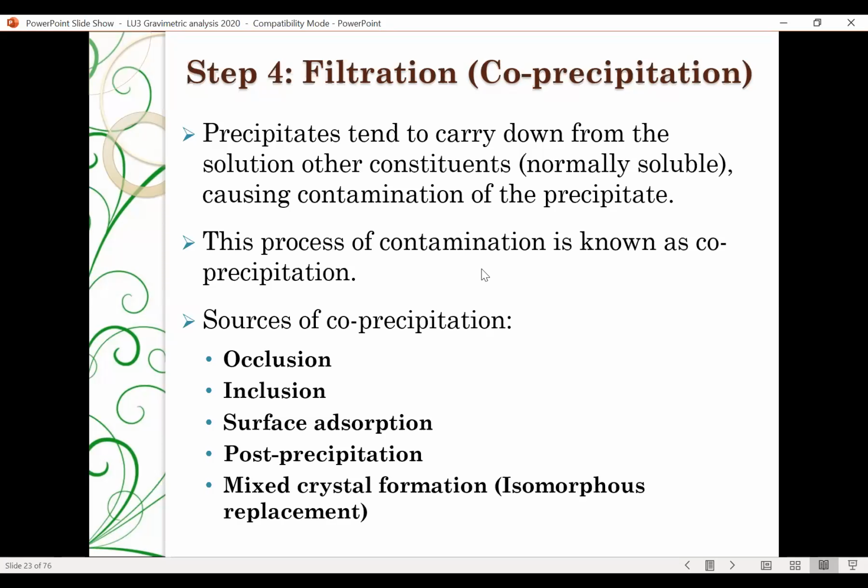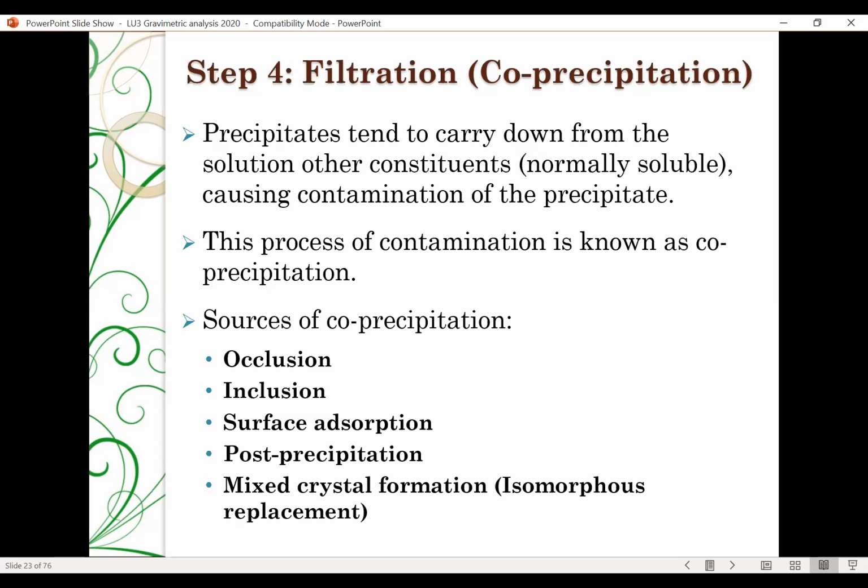Okay, so this process of contamination of the precipitates is normally known as co-precipitation. Co-precipitation means you have your precipitate, but not only the precipitate, it comes together with contamination. Okay, so we call it co-precipitation. Some of the sources of co-precipitation include occlusion, inclusion, surface adsorption, post-precipitation, and mixed crystal formation.